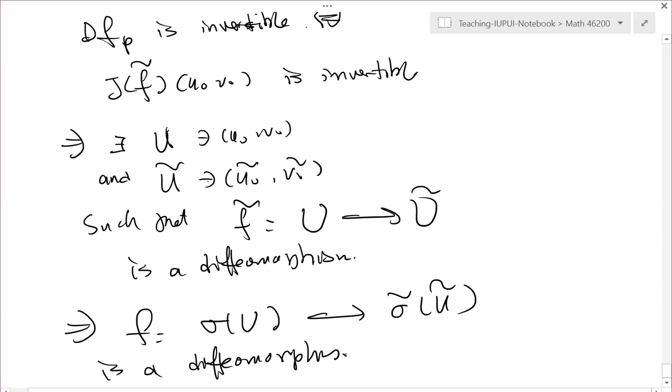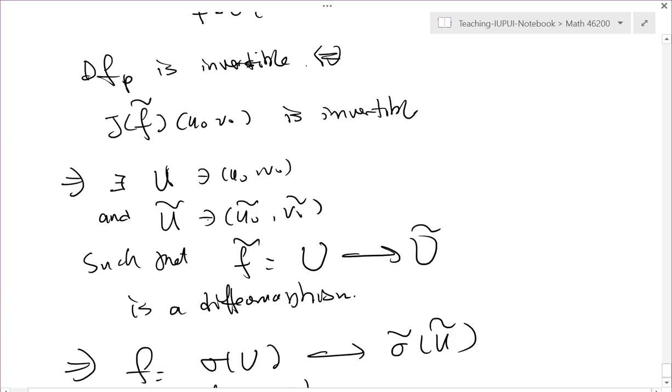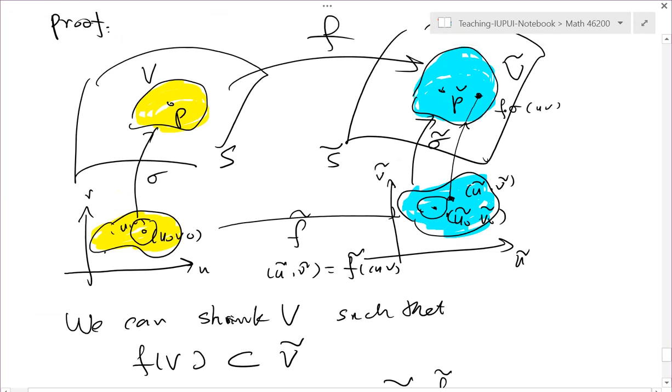The idea is that you just translate the abstract map to a map on R2. On R2, the linear map is invertible means the Jacobian is invertible. Look at the picture again. I want to find a smaller neighborhood so that F restricted to this neighborhood is a diffeomorphism.